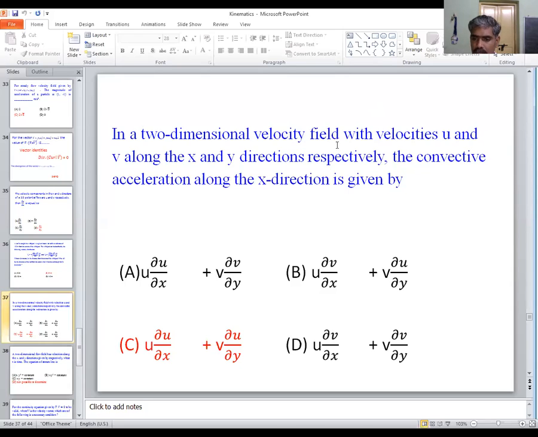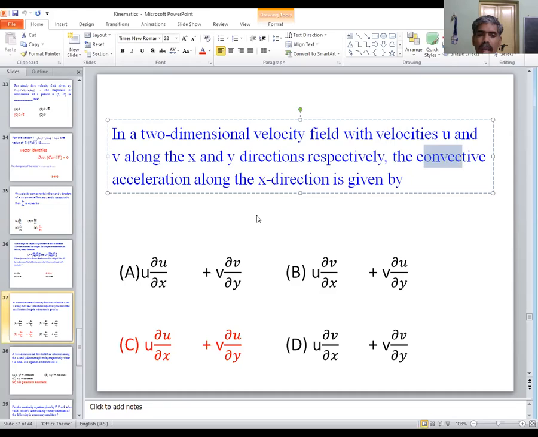In a two-dimensional velocity field, the velocities u and v are along the x and y directions respectively. The convective acceleration along the x direction is asked. The rate of change of x direction velocity with respect to time gives the local acceleration. The remaining terms are the advective or convective acceleration.